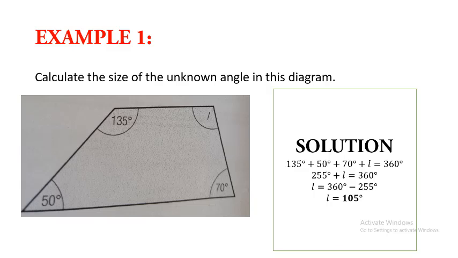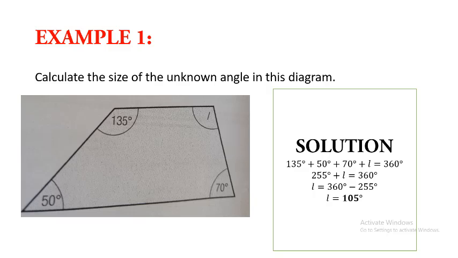We have angle 135 degrees, and then we have angle 50 degrees, then we have angle 70 degrees, then we have angle L. But the property says if we add all these four angles, the answer will be 360.